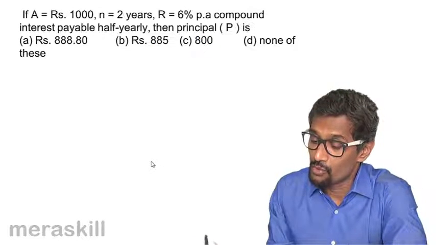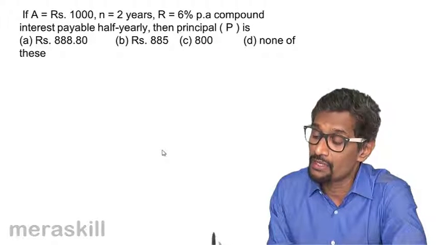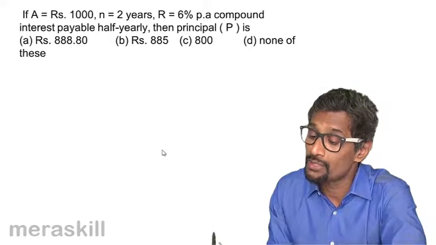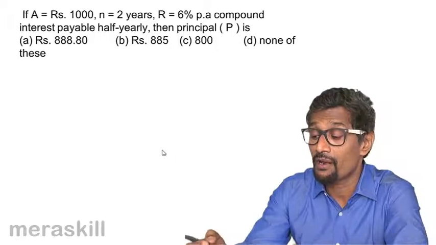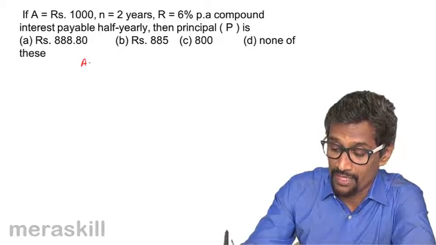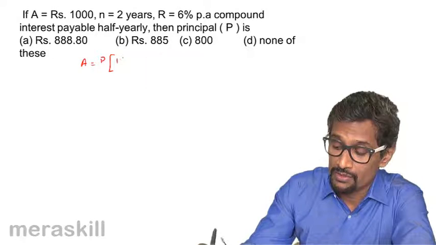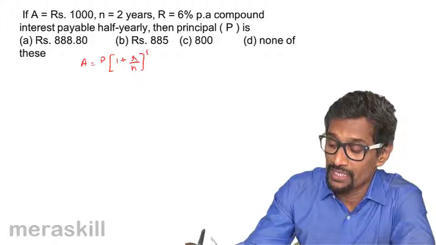Okay. Furthermore, we have amount is rupees 1000 and it is 2 years, R is 6% per annum compound interest payable half yearly. So here there are half years. So again here, A is equal to P into 1 plus R by N raised to NT.